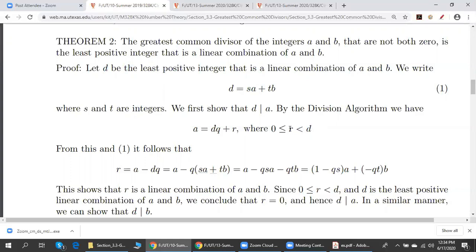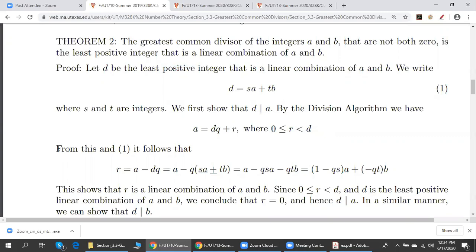Conclusion: R is equal to 0. There is no escape. D is the least positive. So R cannot be positive because it's lesser than D. Since R cannot be positive, R is 0.